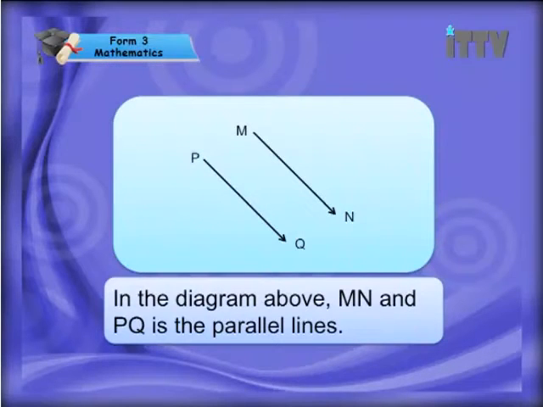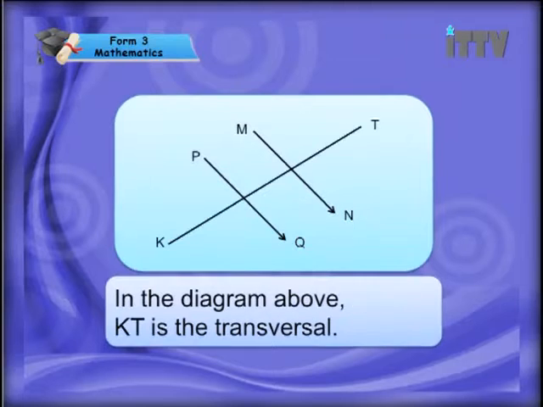Let us look at the diagram on the screen. If you look at the diagram here, we have two parallel lines, line PQ and line MN.